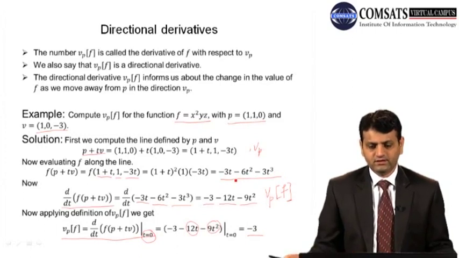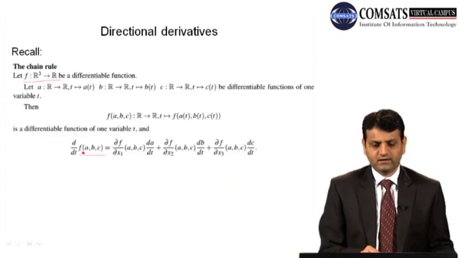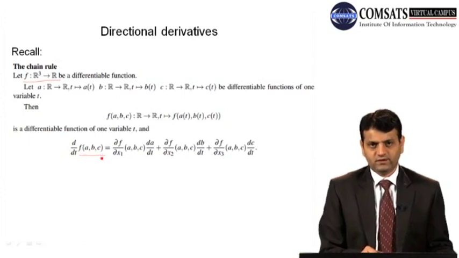So similarly, this function f of a, b, c is a function of one variable, and to calculate the rate of change of f with respect to t, we can use this rule called the chain rule.